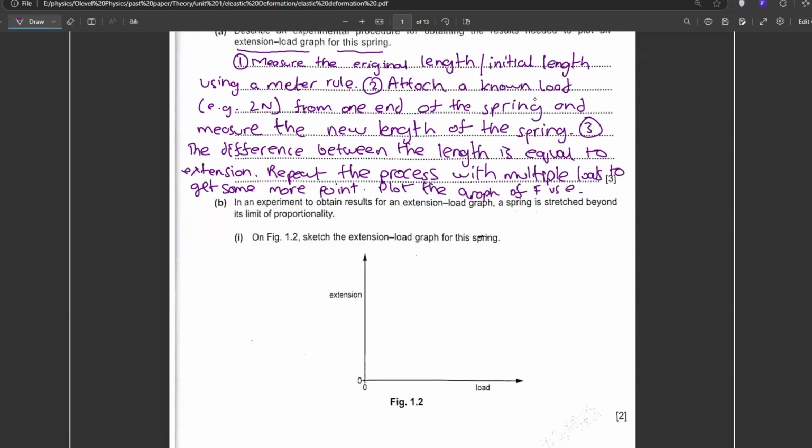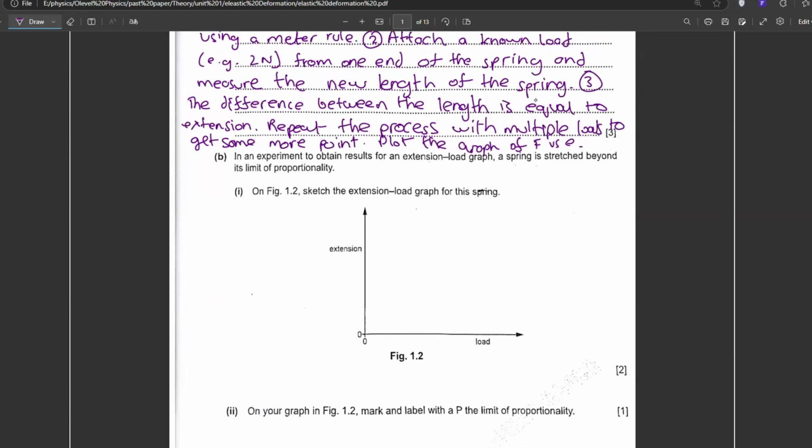In an experiment to obtain results for an extension load graph, a spring is stretched beyond the limit of proportionality. If the spring is stretched beyond the limit of proportionality, what happens? It becomes easier to stretch and it curves towards the extension axis.